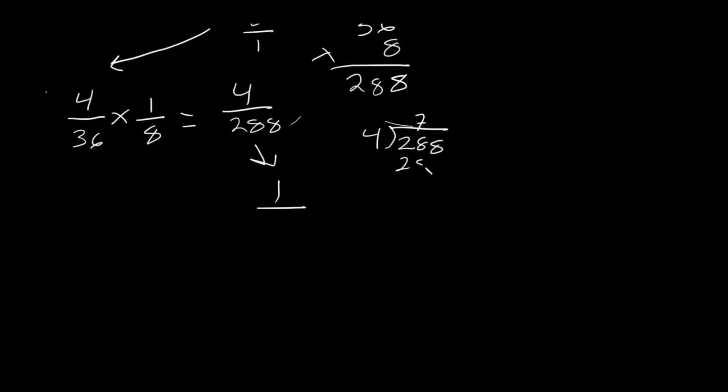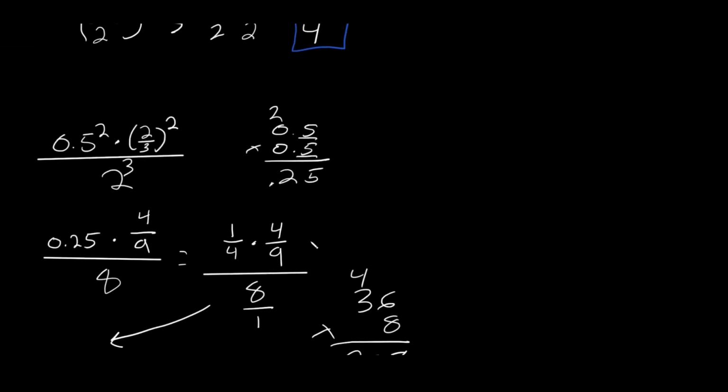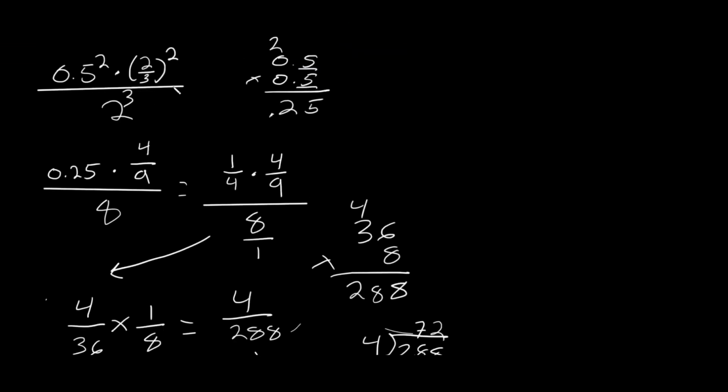So that will be 28, 0, drop down this 8. And then 4 goes into 8 twice. So 72. So our answer to this giant problem, which is 0.5 squared times 2/3 squared over 2 to the third power, or 2 cubed, is just going to be equal to 1 over 72.